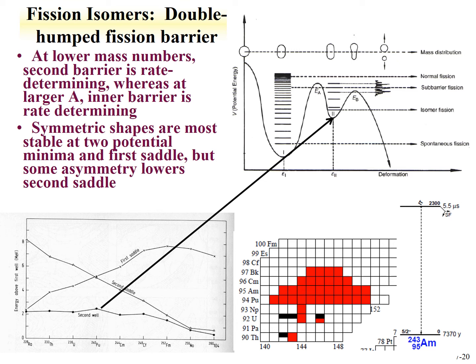That's the second well energy, and the second saddle point energy is shown here. We see that there are changes in these trends. The second well point does not tend to change as a function of isotope. However, the relative height of the first and second well does change.